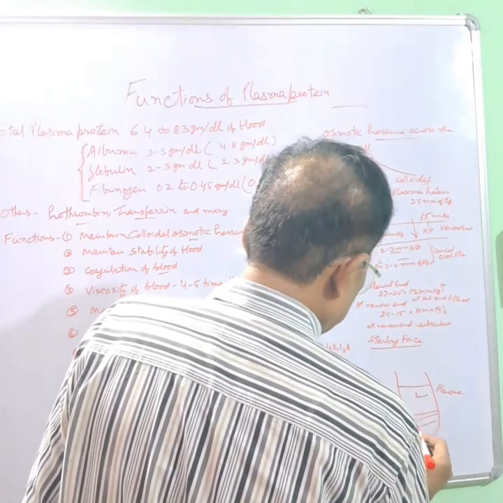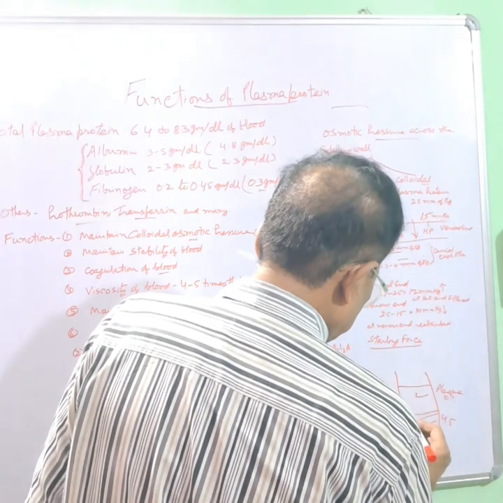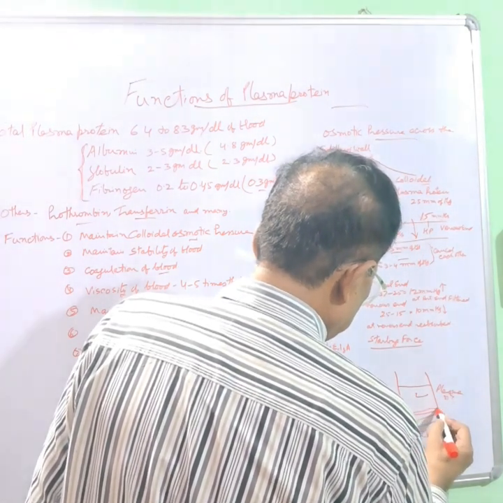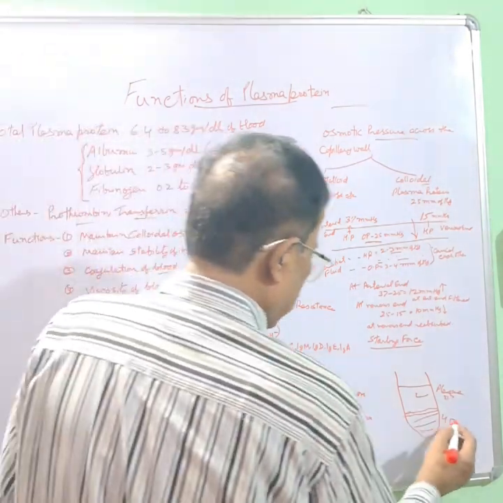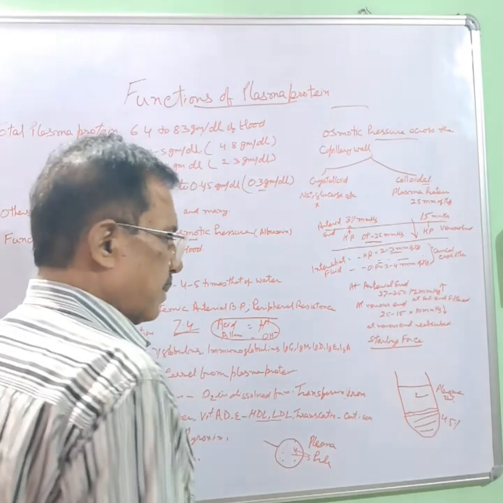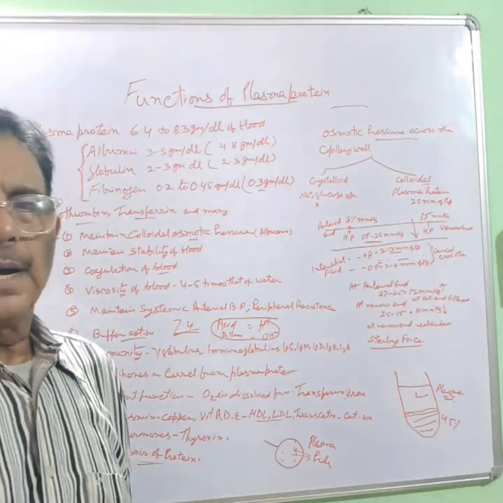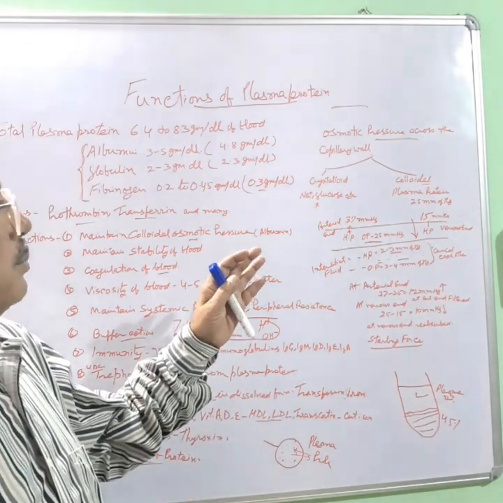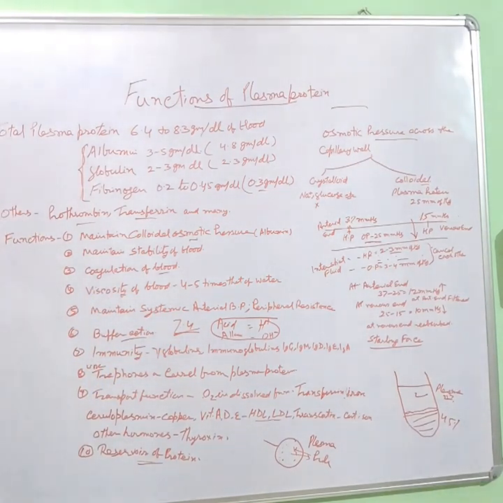This clear fluid is 55% and the RBCs 45%. In between there is a very thin layer of WBCs and platelets. Plasma has 91% water and 9% solutes, in which the organic portion is mainly plasma protein, though other things are also there.